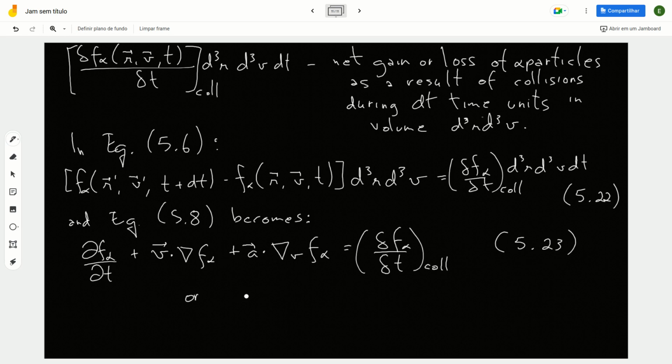Or, in the reference moving with the element, you have this notation.